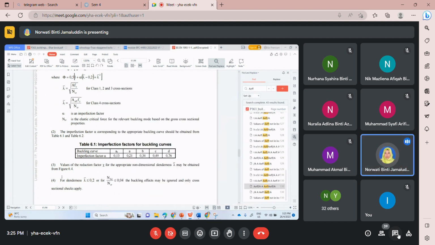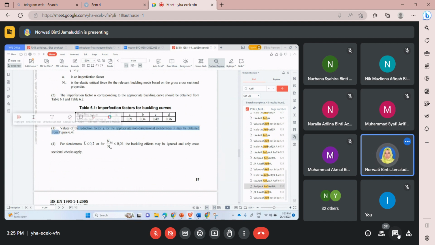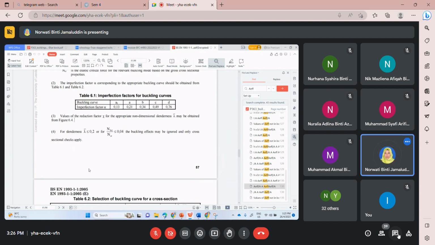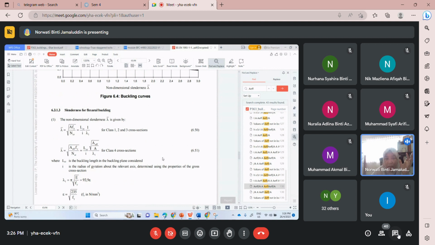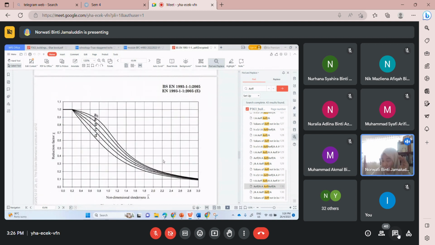Okay, what about this one? It said that the value of reduction factor chi for the appropriate non-dimensional slenderness lambda bar may be obtained from figure 6.4. Can we use figure 6.4? Yes, we can use it, because that is included in the clause.